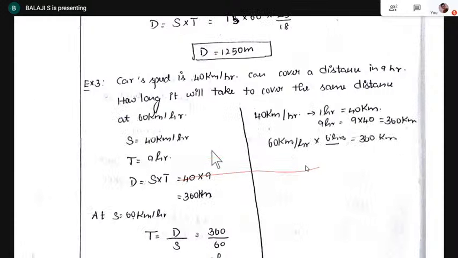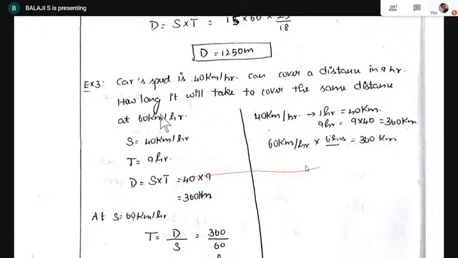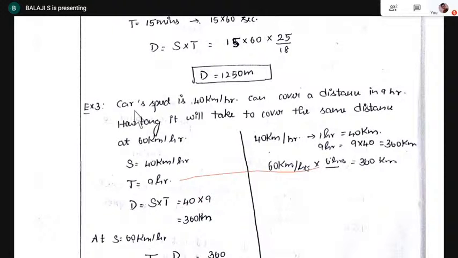What they are asking is the time. Sorry, they are asking the distance, and they have given the time. So distance equal to speed into time, 40 into 9, which is equal to 360 kilometer. For a speed of 40 kilometer per hour, in 9 hours the distance covered is 360 kilometer.